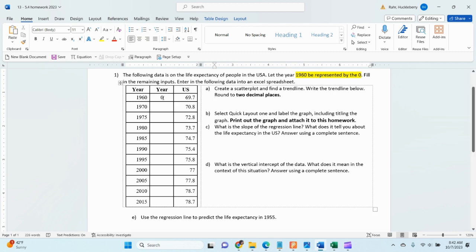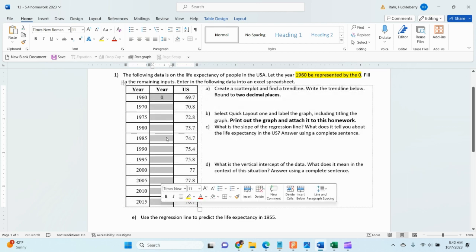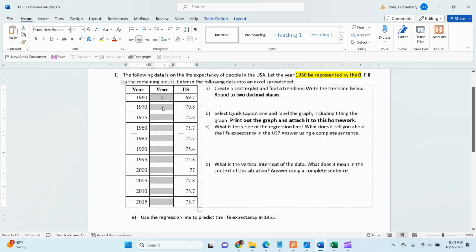So if 1960 is 0, then 1970 would be 10, and 1975 would be 15, and 1980 would be 20, 85 would be 25, 1990 would be 30, 95 would be 35, 2000 would be 40, 45, 50, and 55.